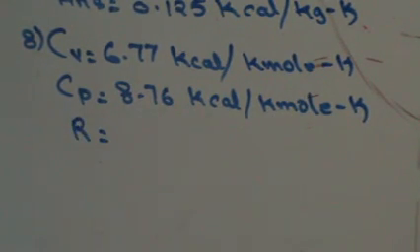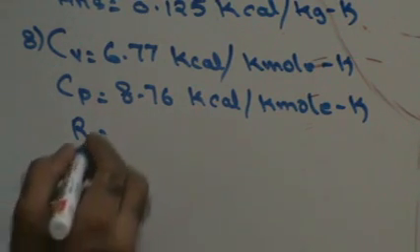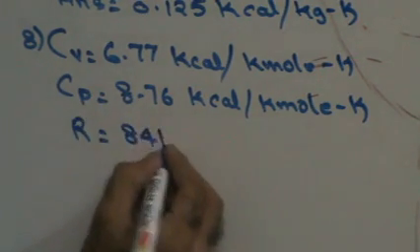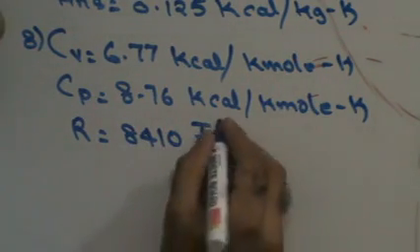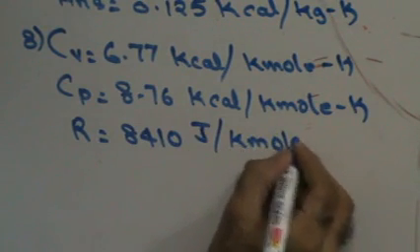Find J if R is 8410 joules per kilomole Kelvin.